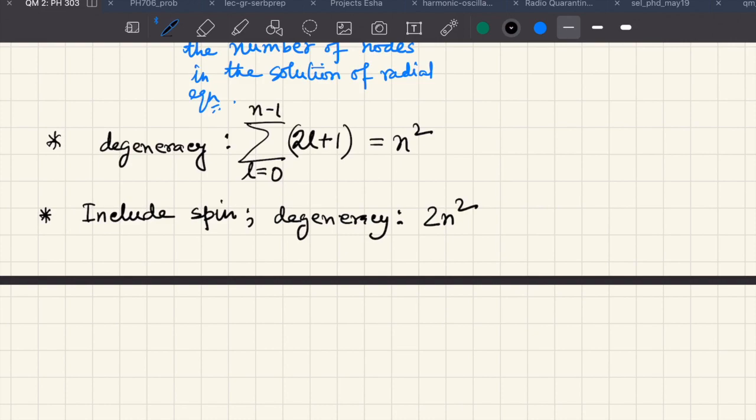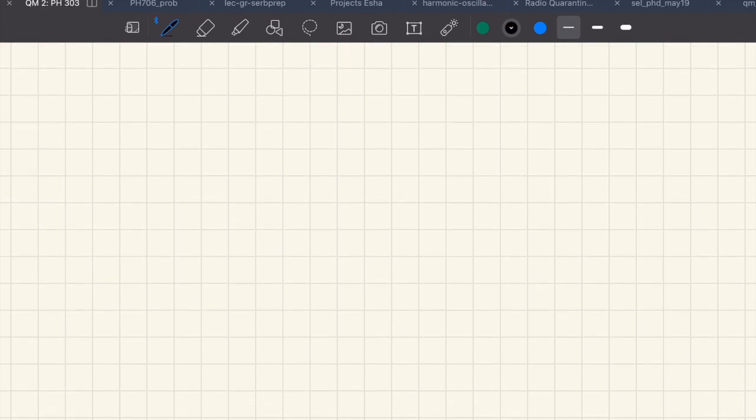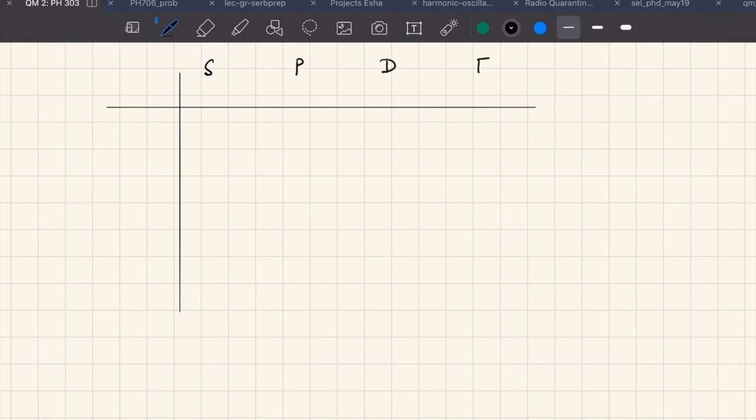Now let me just very quickly draw one important figure here. So this is basically to represent something interesting. So we have this S, P, D, F, all these orbitals. What does this mean? This means we are considering L equal to 0, L equal to 1, L equal to 2, L equal to 3 states.